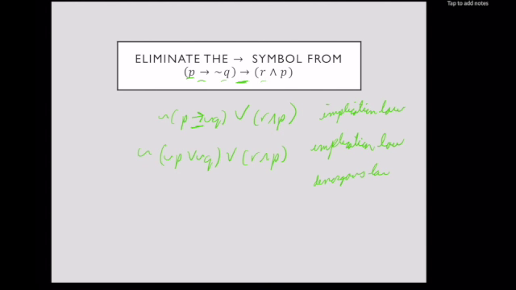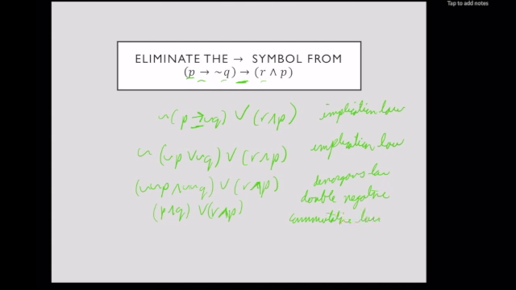So that gives me double negative P and double negative Q or R and P. Next, I need to use my double negation law to get rid of those double negatives. So I have P and Q or R and P. I'm going to use the commutative law to write P or R. I like having things in alphabetical order, so we're going to have the commutative law.